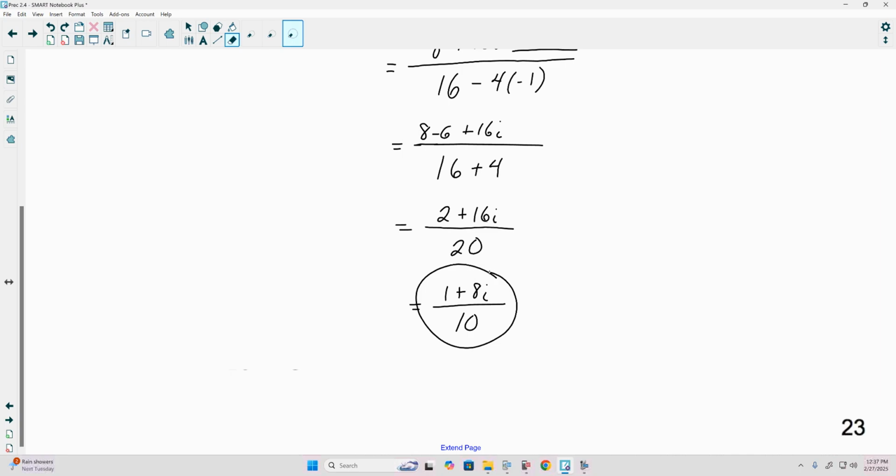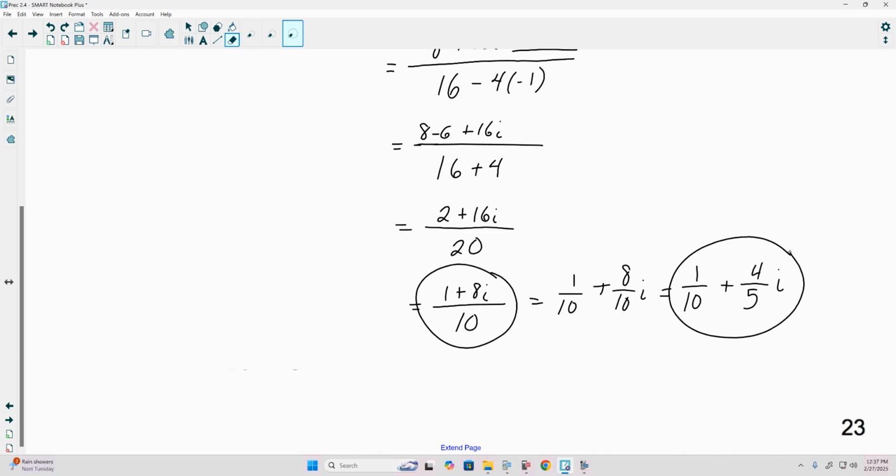Then we could technically split that fraction into 2 fractions. And if we did that, we'd have 1 over 10 plus 8 over 10 i. Now the 1 over 10 doesn't reduce, but the 8 over 10 does have a common factor of 2, which would reduce to 4/5 i.